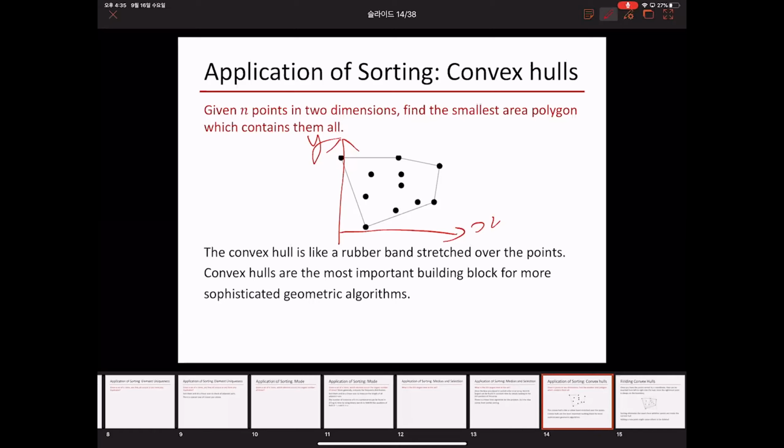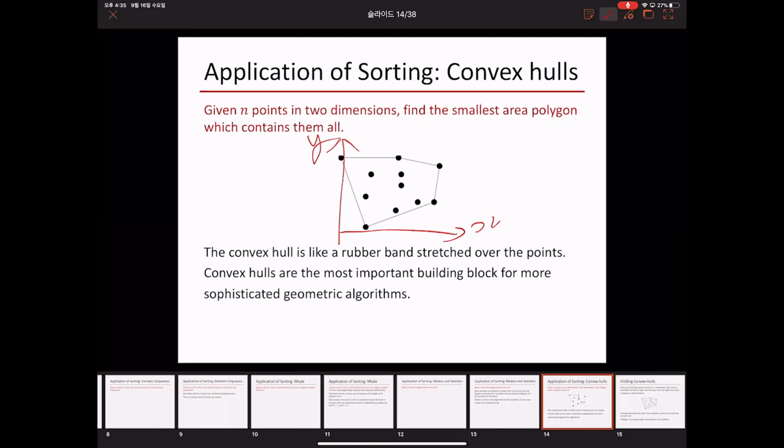So do you understand the problem? The problem is you find the convex hull in a given two dimensions. How can you find the convex hull? How can you contour all the values? Convex hull is a little advanced topic, but it is commonly used and very sophisticated geometry.